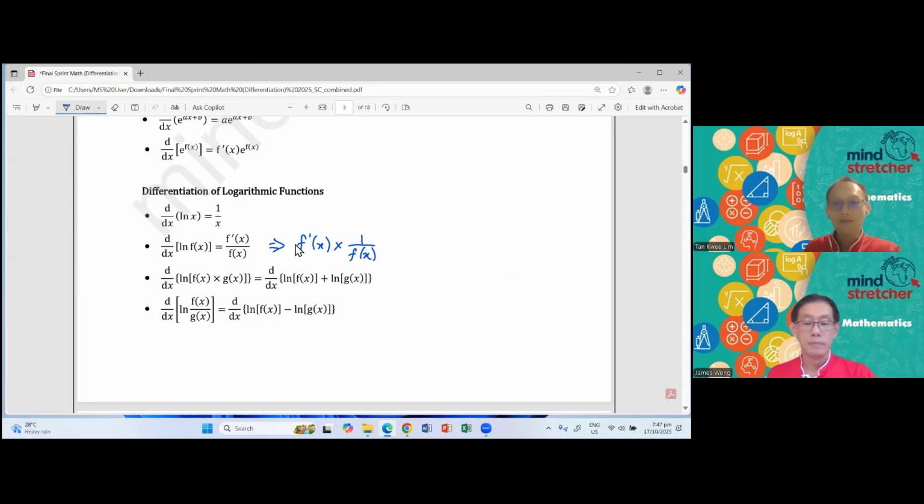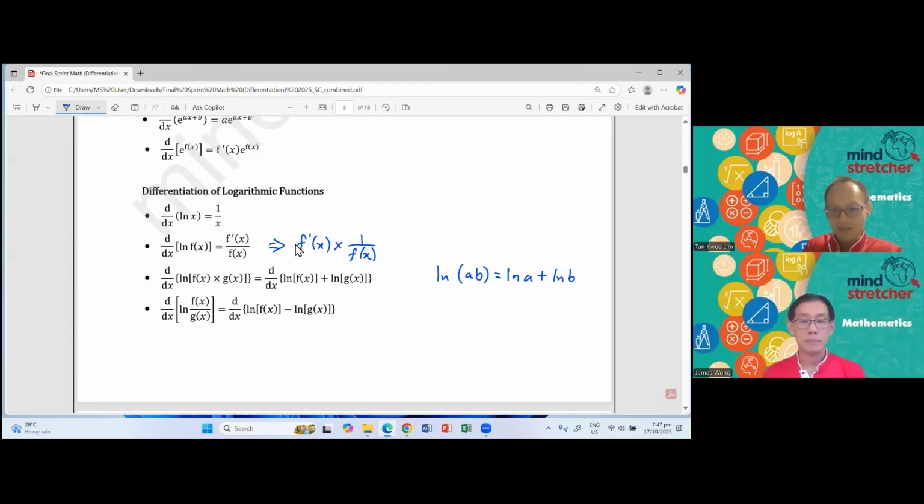When I have ln of, for example, a very simple one, a times b, we can rewrite it as ln a plus ln b. So if we differentiate ln of a function f(x) multiplied by another function g(x), we can separate it into the differentiation of ln f(x) plus ln g(x).